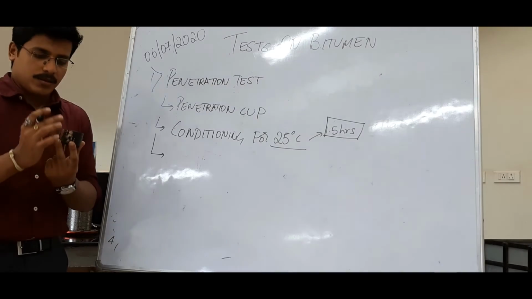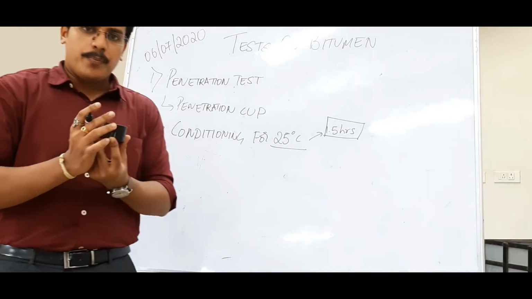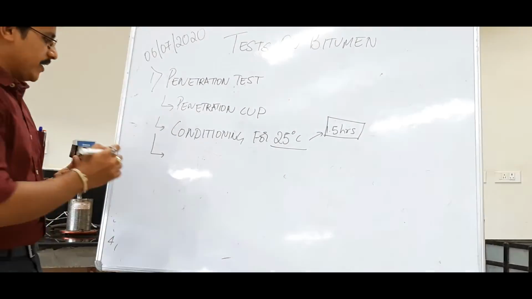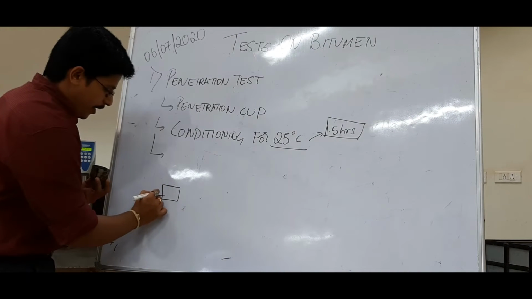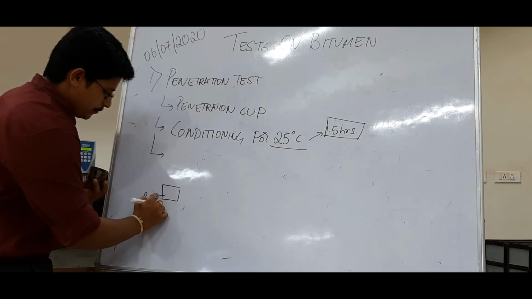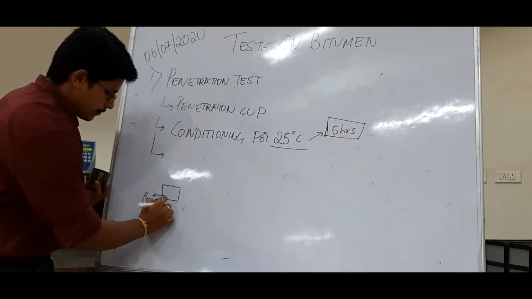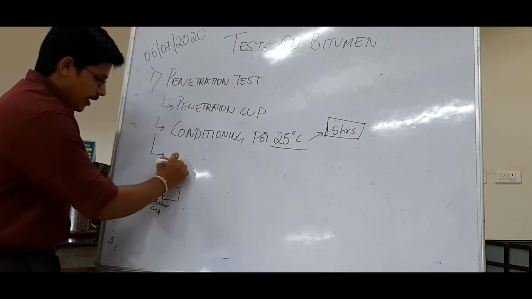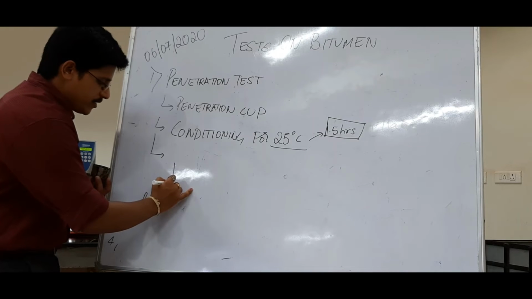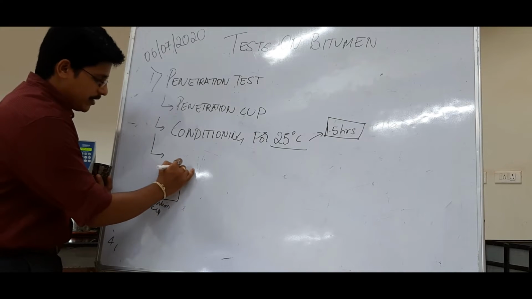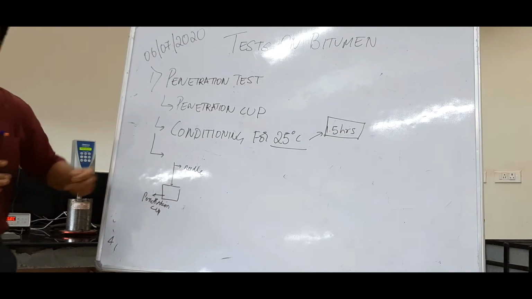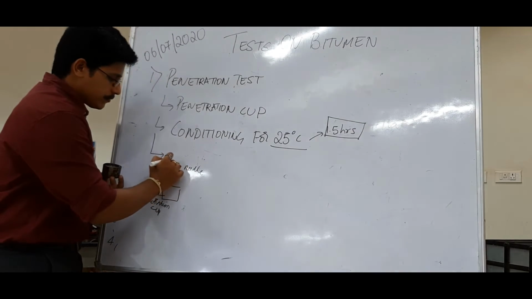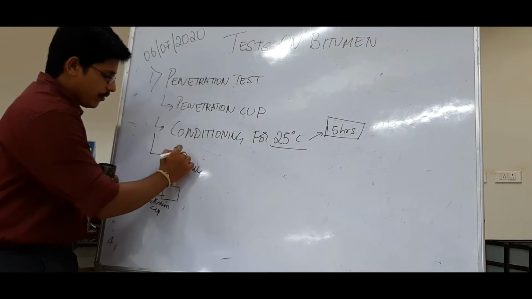Once the whole mass is at 25 degrees, we keep this specimen in a penetration apparatus. It consists of a standard needle, and this is the penetration cup. The needle is just made to touch the surface. This is the needle. On this needle, we place a total weight of 100 grams.